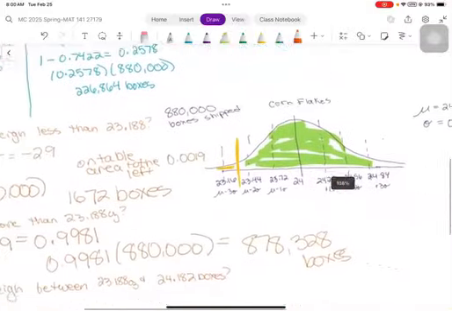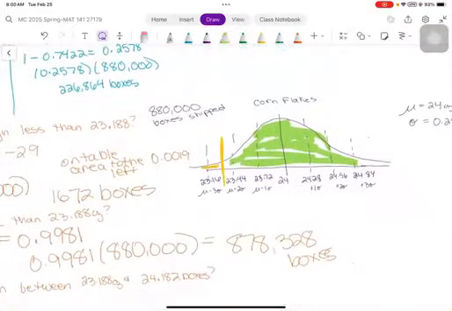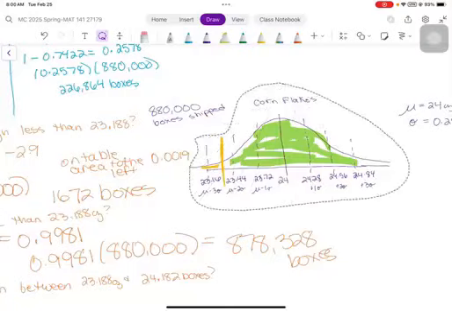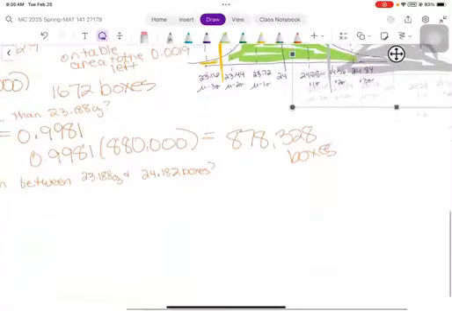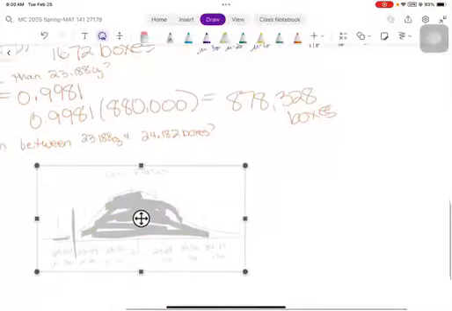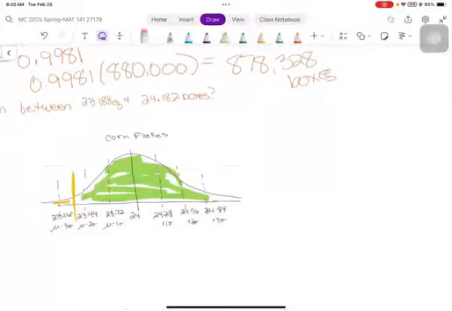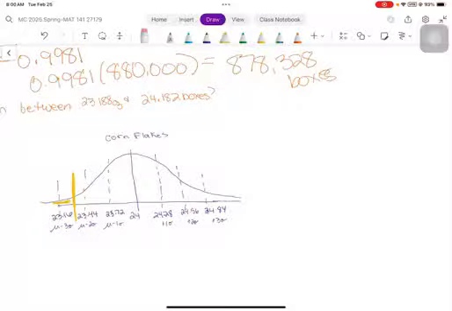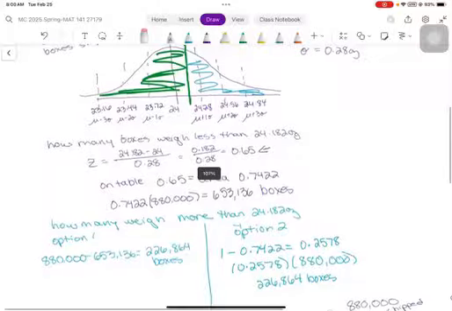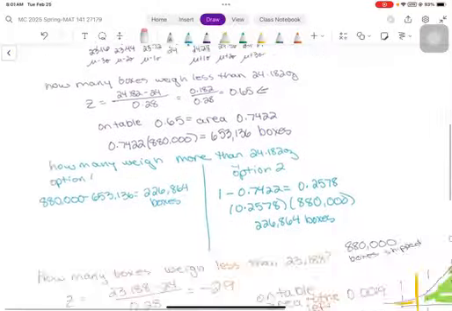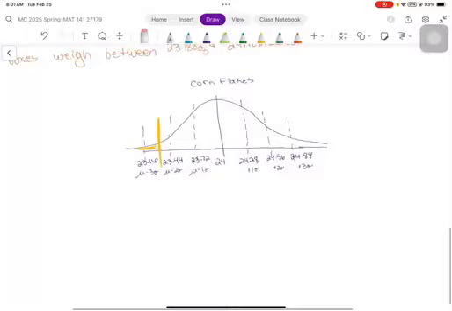I'm going to show you one more picture, and I'm going to bring this down here so we can see the area between them. We already had the area to the left there. If we go back to that very first picture where it was 24.182, it was about right here.